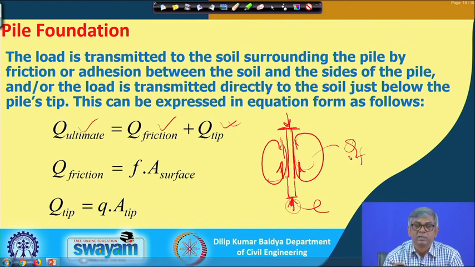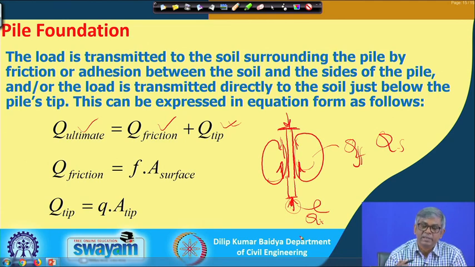Q f means Q friction, and sometimes Q s is also used, that means Q skin friction, so the initial of skin is used sometimes. Q f or Q s, both are the same. And here, Q tip, or sometimes people use Q end, Q b, Q base, all are a similar thing.